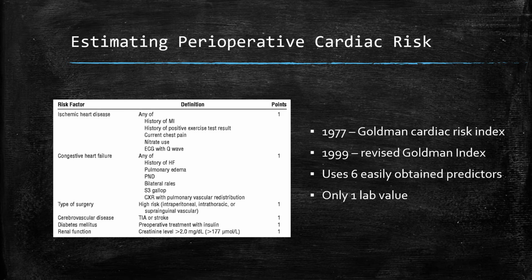Only one lab value is required, and that's the creatinine. And so a creatinine level greater than 2 is important. Lastly, high-risk surgical procedures are part of this index as well. And so if any one of these features is present, you get a point, and then the points are summed up to put you into a risk category.